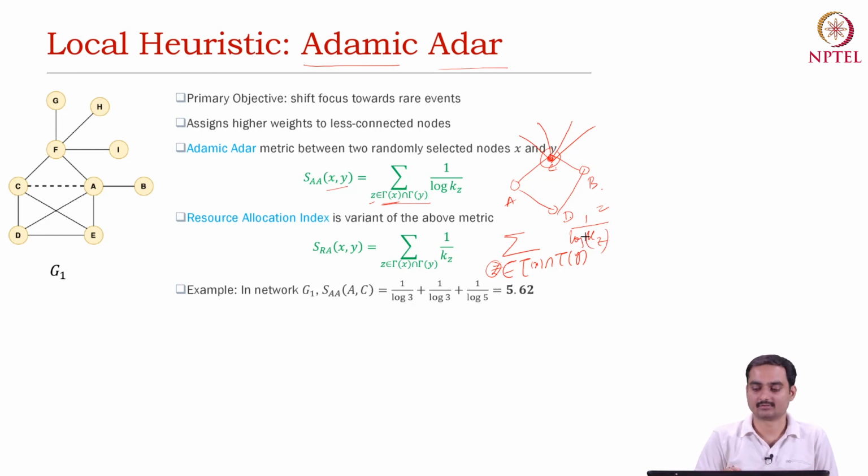In fact, there is another metric called resource allocation index, same as Adamic-Adar, but here they do not take the logarithm of the degree, they just take the degree. This is a very interesting idea. You are basically saying that it is good to be connected through common neighbors which have lower degree, compared to the case where you are connected to a lot of nodes but the common neighbors have higher degree.